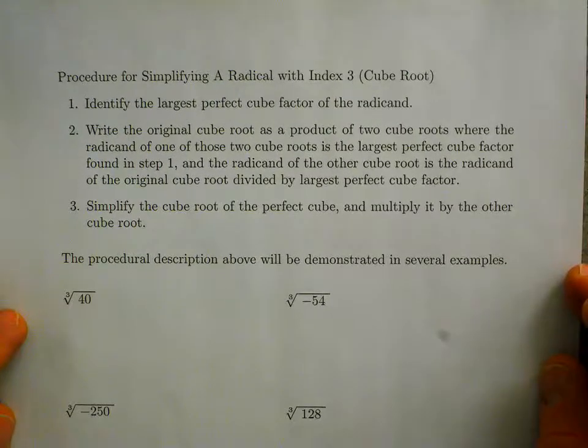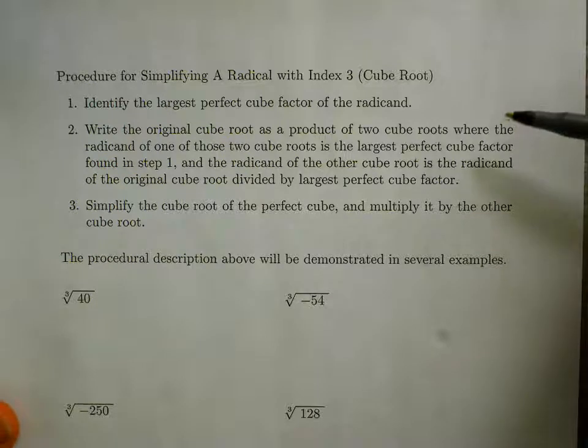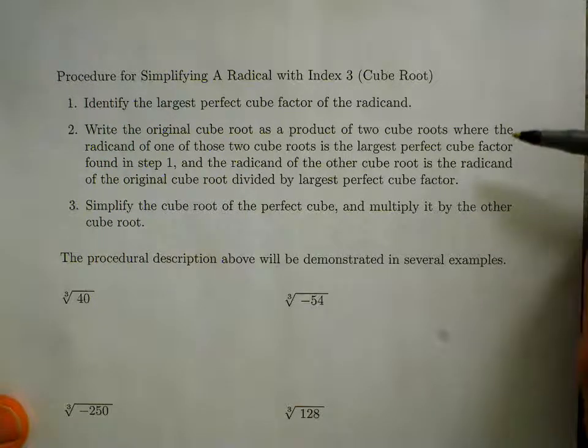So it's a similar procedure when simplifying a radical with index 3. First, identify the largest perfect cube factor of the radicand.